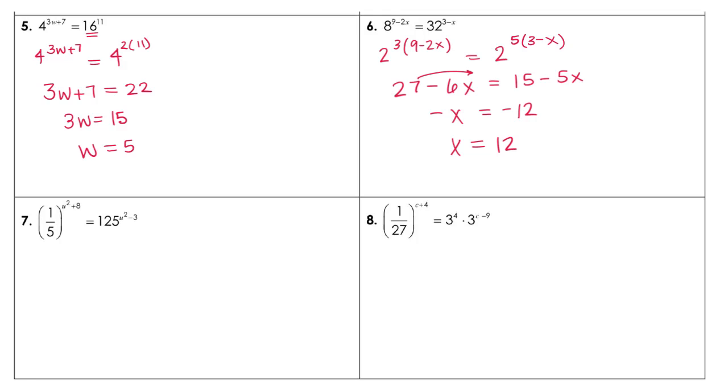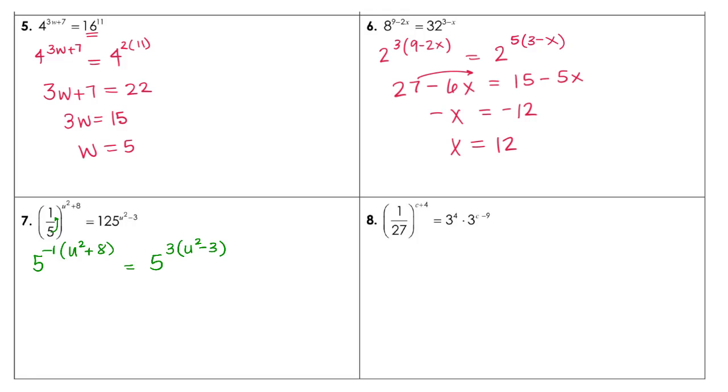All right, our next example, it looks like it would be good to move these bases to be 5. And I need to flip that over, so that looks like we're going to have 5 to the negative 1, and then that's raised to the u squared plus 8 equals 5 cubed, and that's going to be raised to the u squared minus 3.